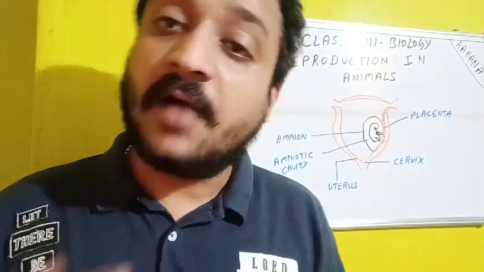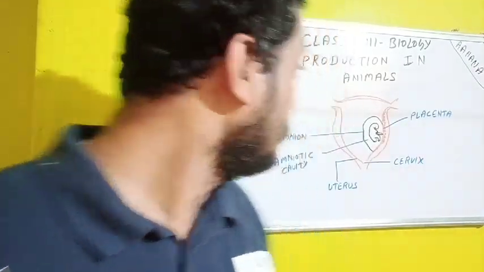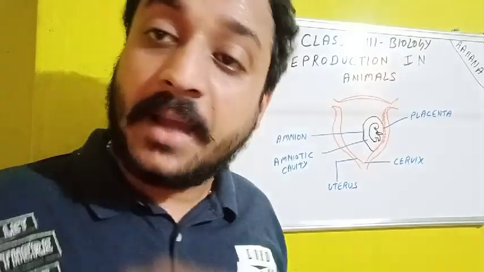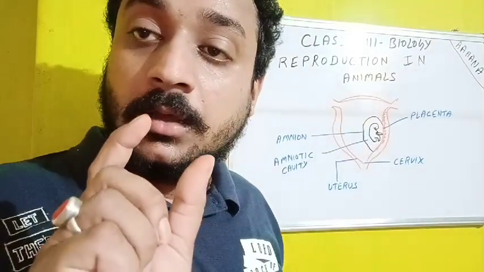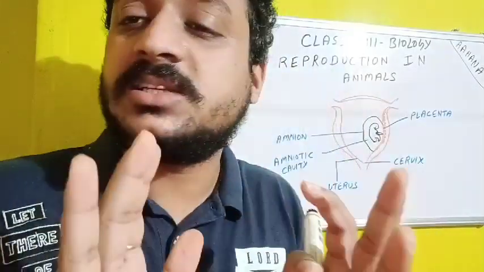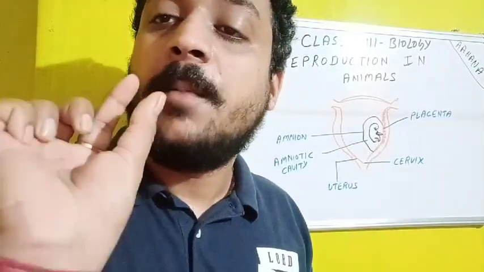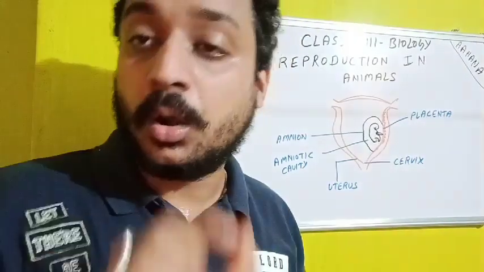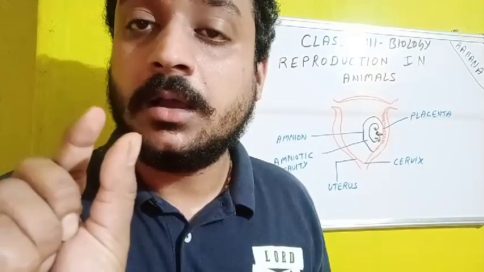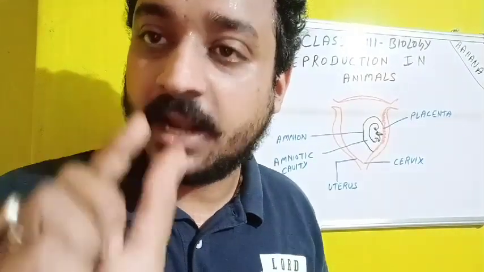What happens after fertilization? The moment the ovum gets fertilized by the sperm, the zygote is formed in the fallopian tube itself. Not exactly the zygote, we can say it's a mass of cells, like a very small ball, like a table tennis ball.